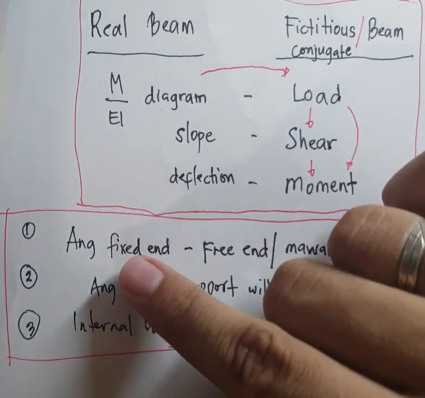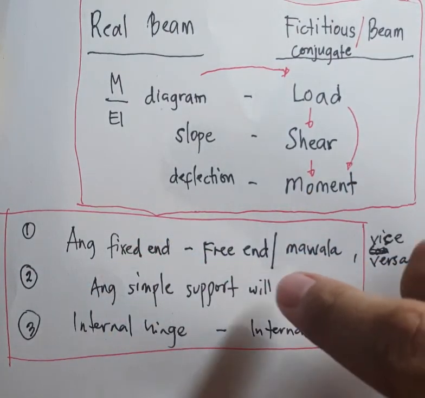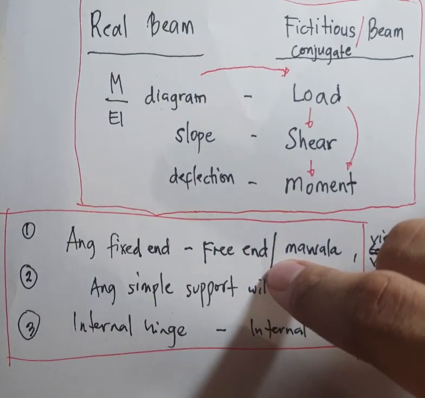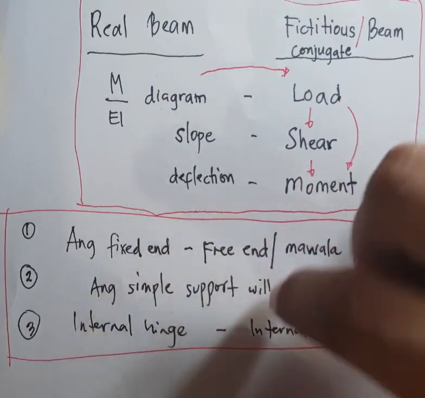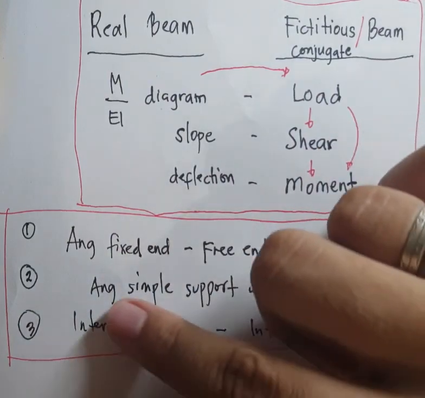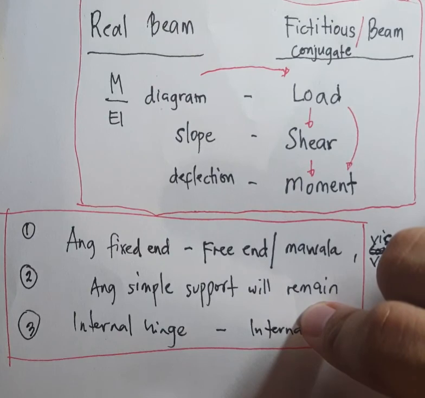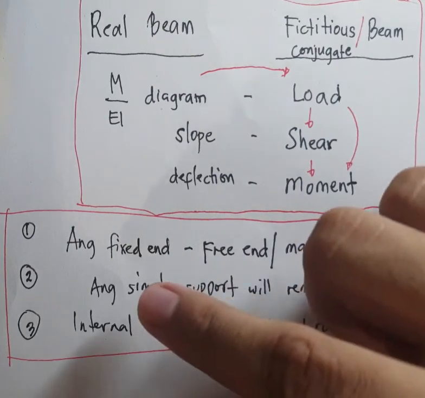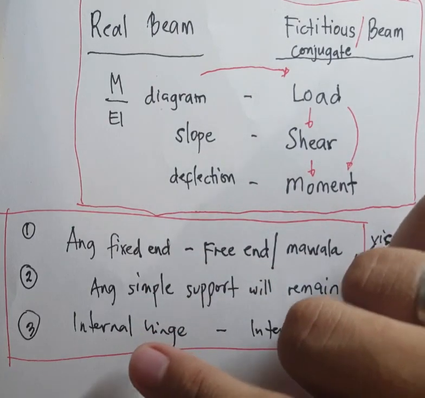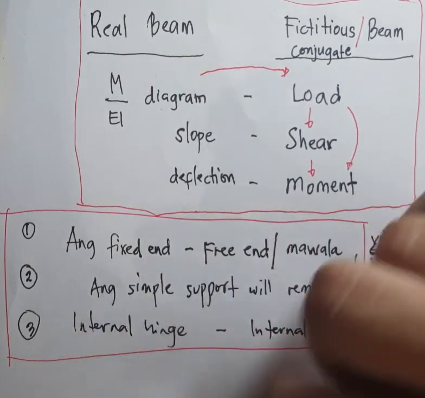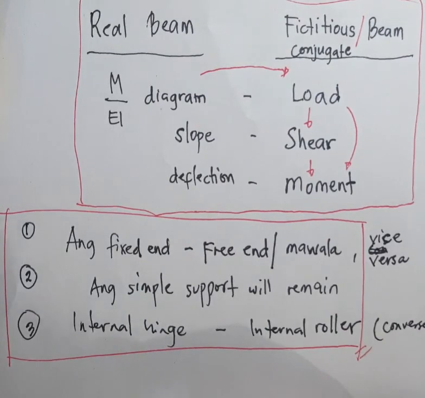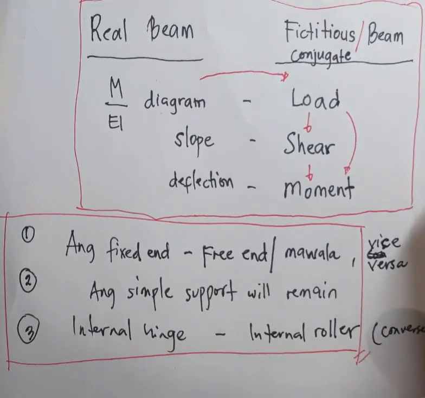Kung fixed end ang imuhang real beam, it will become a free end. And a free end in a real beam will also become a fixed end. So mabali-bali sila. Ang simple support will remain even if real ba siya or fictitious. Internal hinge will become an internal roller, and an internal roller will become an internal hinge. Okay? So, to better understand, we will have an example for that.